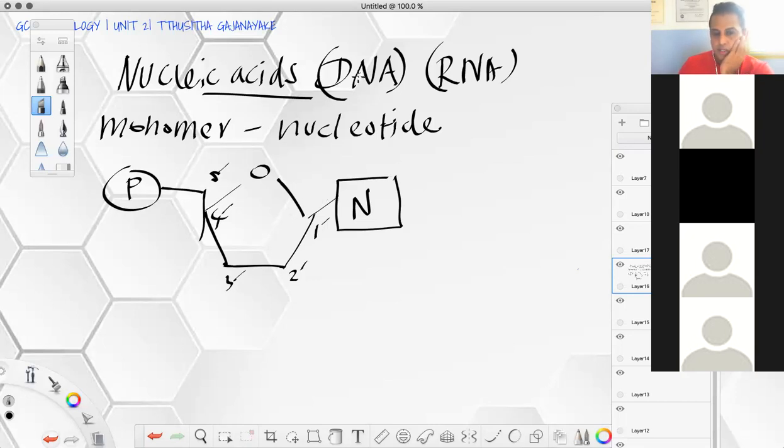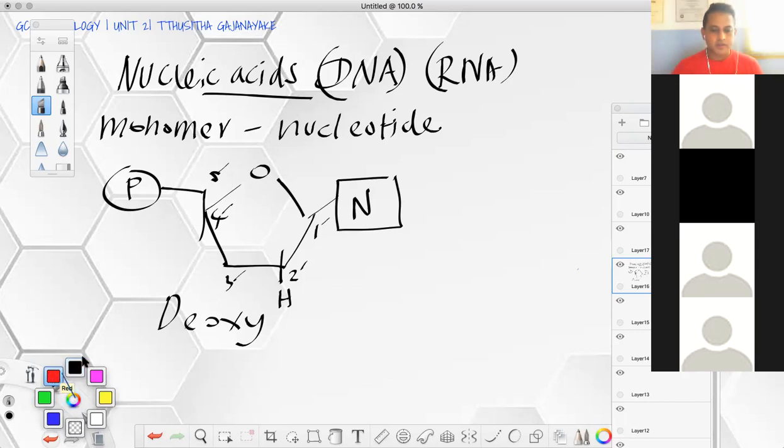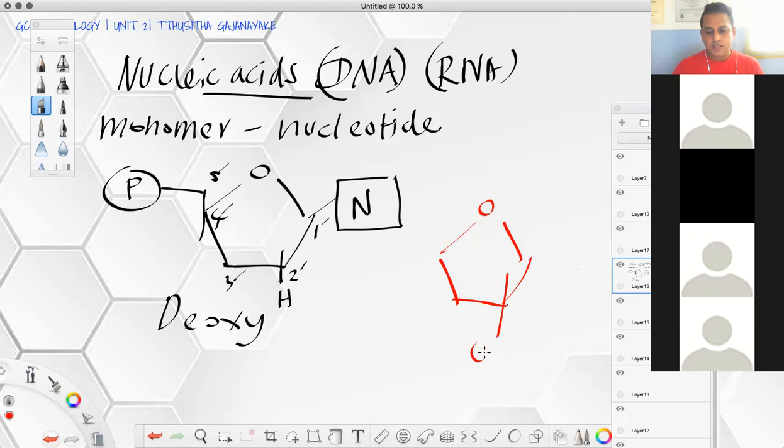When we are talking about DNA, we say deoxy. That means at the second carbon position, the oxygen is lost, and it has only hydrogen. When you take RNA, it has an O here, an OH group. So if I draw this, it has OH, a nitrogenous base and the phosphate group.